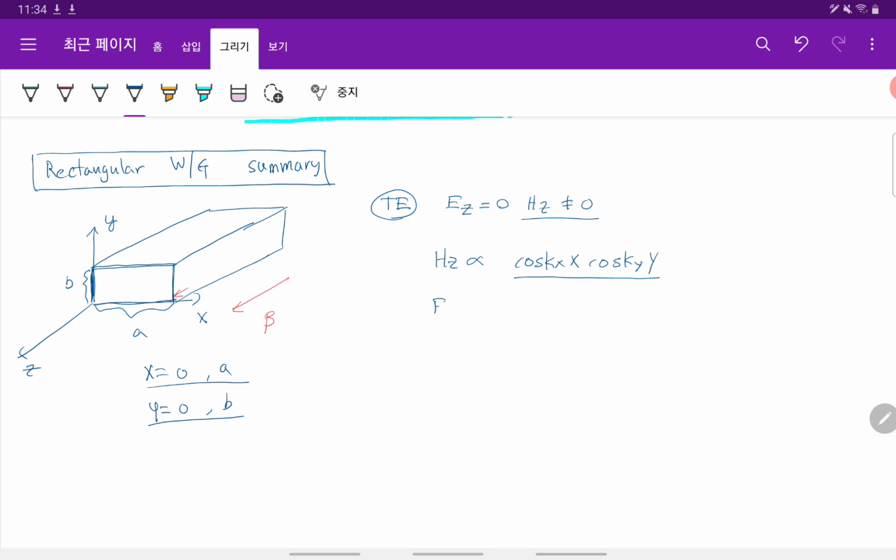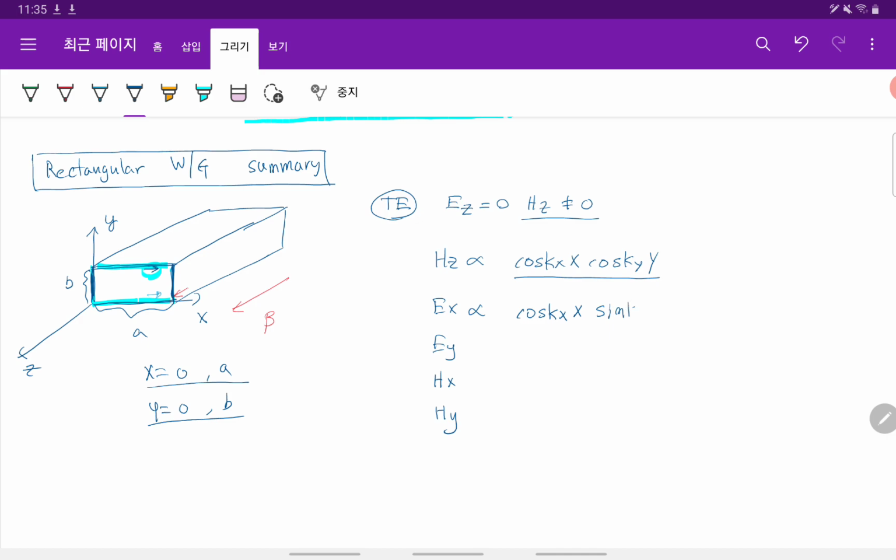From here we have Ex and Ey, Hx and Hy. On this surface, Ex can have some value, so along x it should have a cosine term, but along this boundary it should be 0, because the E field should be perpendicular to this metallic surface.